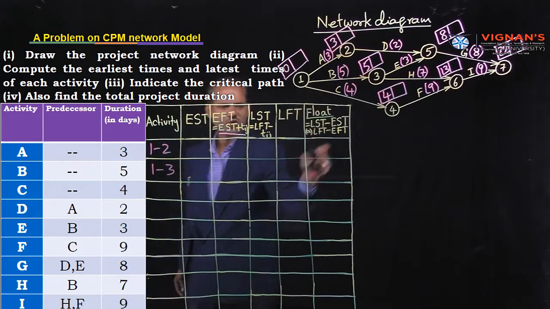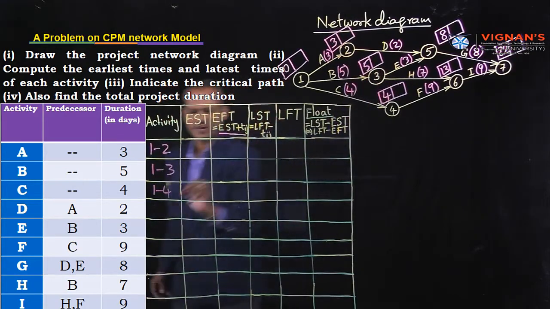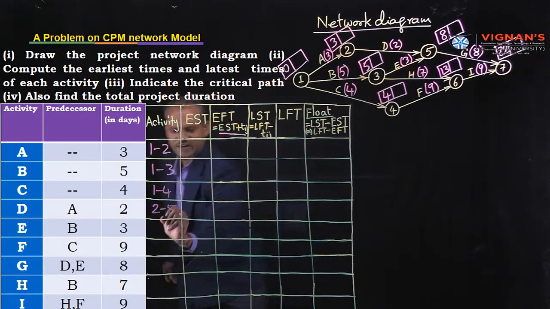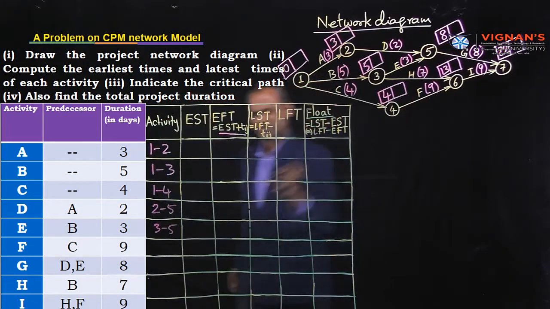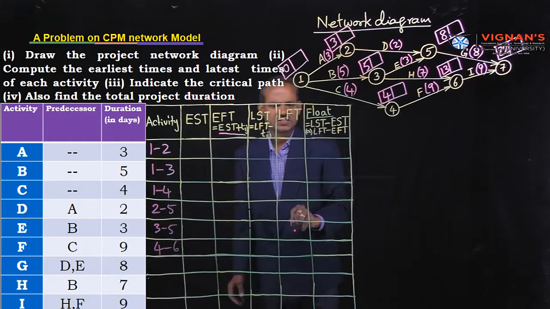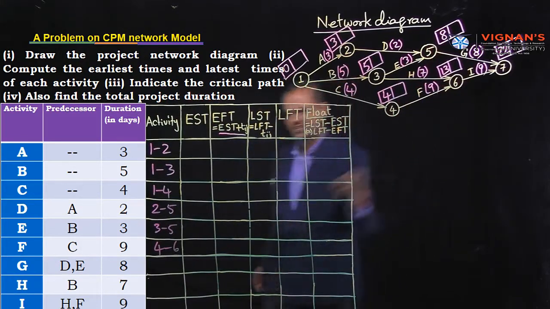C means 1 to 4. D means 2 to 5. E means 3 to 5. F means 4, 6. G means, where is G? 5, 7.